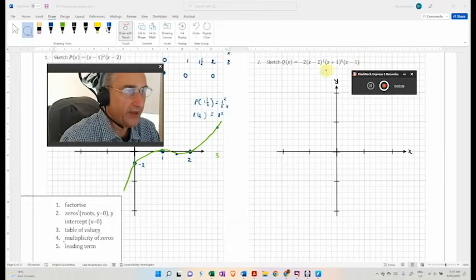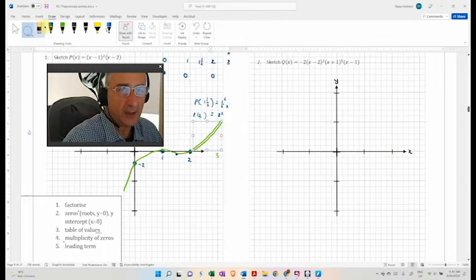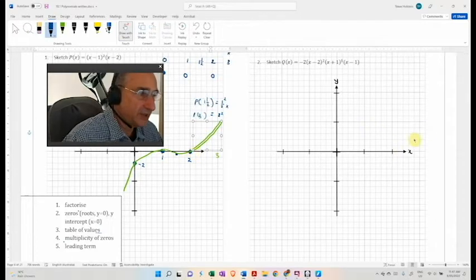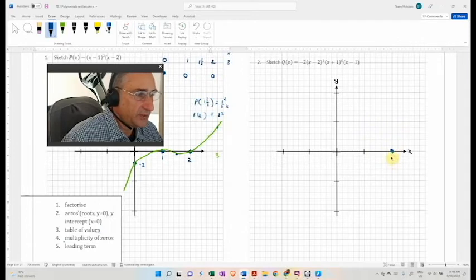We can read off our zeros, and the zeros are x equals 2. So let me just turn on the pen and show you that zero at x equals 2. The next zero is x equals minus 1, and x equals 1.